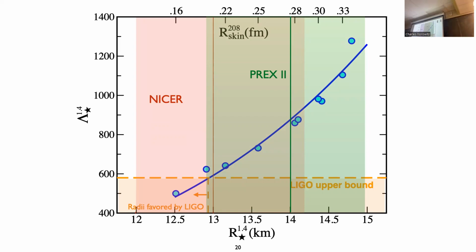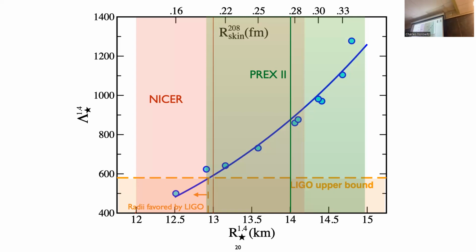So 14 plus or minus 1. Yeah. Okay. So 14 plus or minus 1 and less than 13, there's some weak tension, and around 13 is consistent with it.